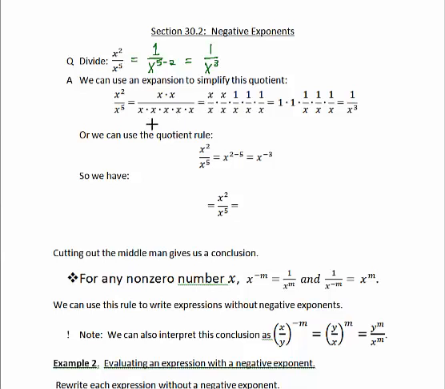Well, it actually works out to where we can move either exponent. We don't necessarily have to move the smaller one. We could have moved the 5 to the top and subtracted it. And in that case, we would have an x to the negative 3 instead of a positive 3.